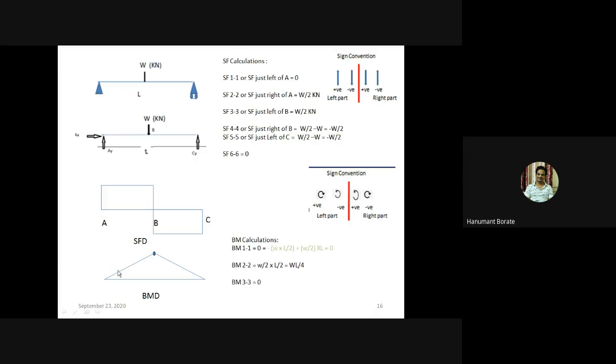So due to that, we always join the points with a straight line whenever there is a point load in a load diagram. So for bending moment, here we have drawn an inclined straight line. Here also we have drawn an inclined straight line. So the value here is WL by 4, and at the C point the value is 0.